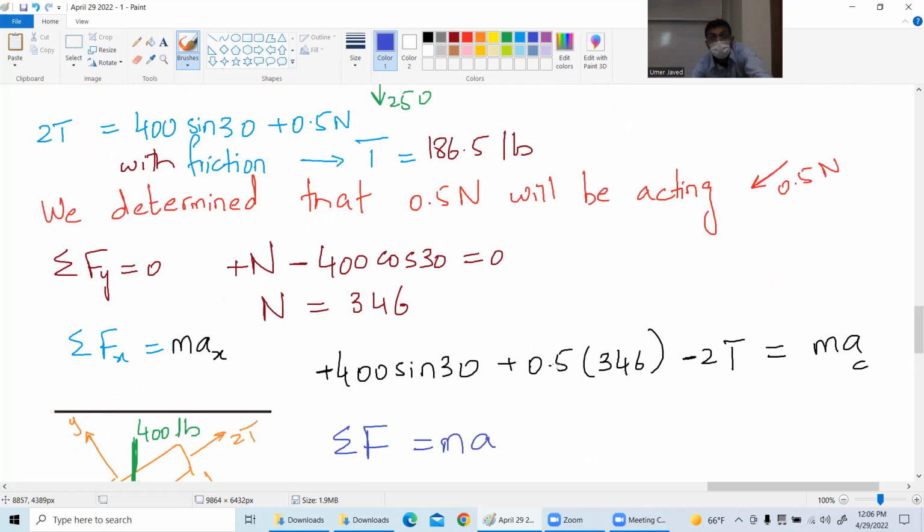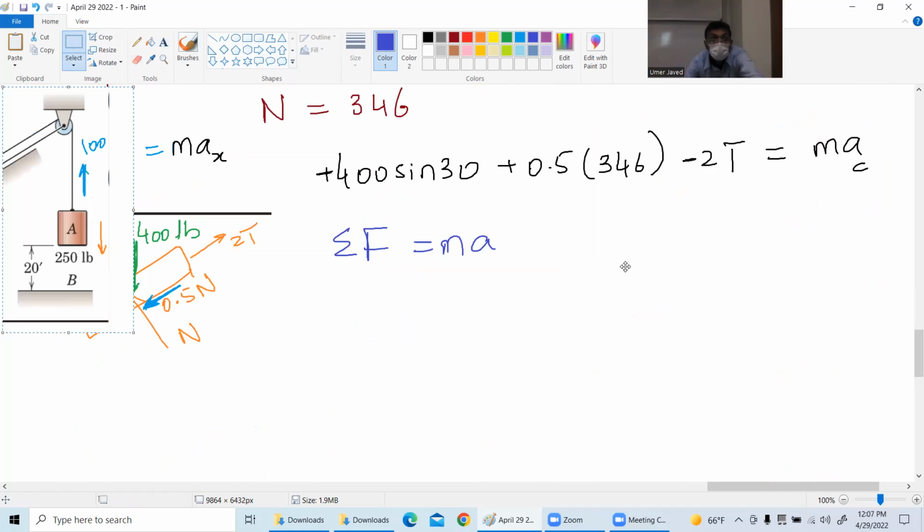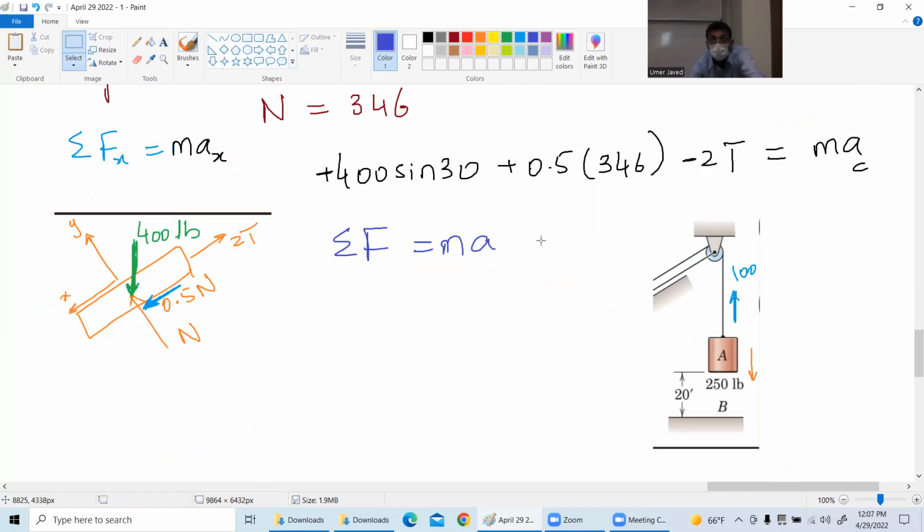This time for the second fellow, which is this one. And again, I already told you that the block B is going downward.